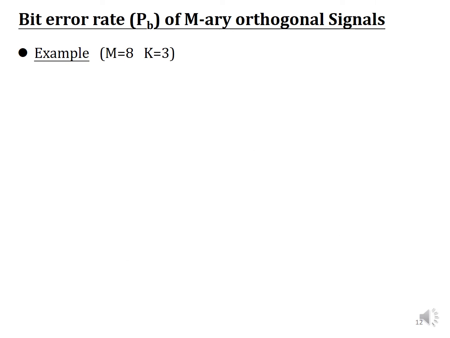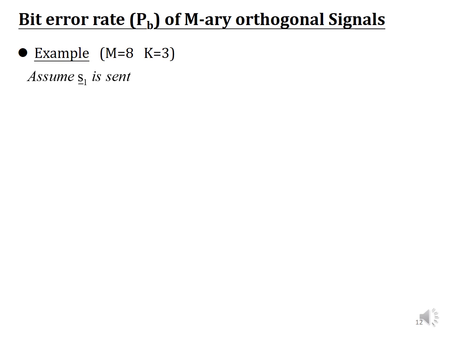The bit error of the M-ary orthogonal signals. We have discussed the bit error for any M. Let's give an example for M equals 8, so that k equals 3, so we can better explain what happens.